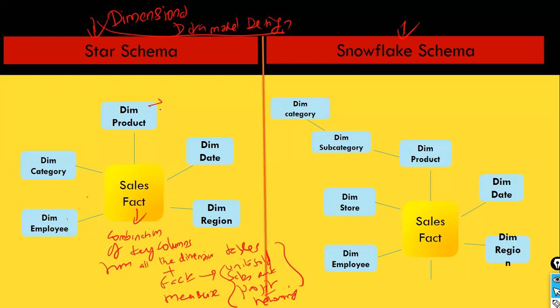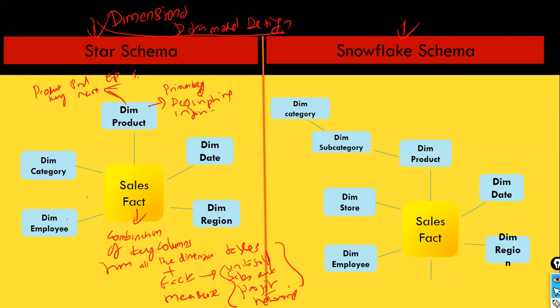Now the question is, what values does a dimension table hold? Each dimension table will have the primary key column. Along with that, it will have descriptive information. For example, here you have product key, product name, cost price, and then the effective start date and effective end date.